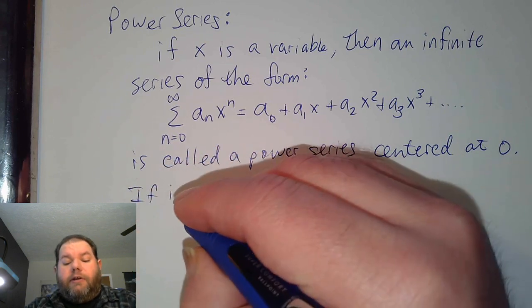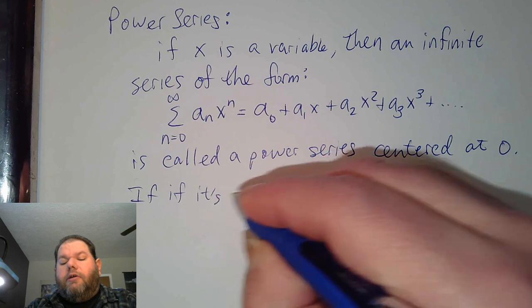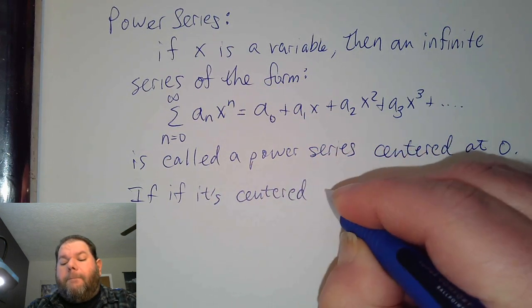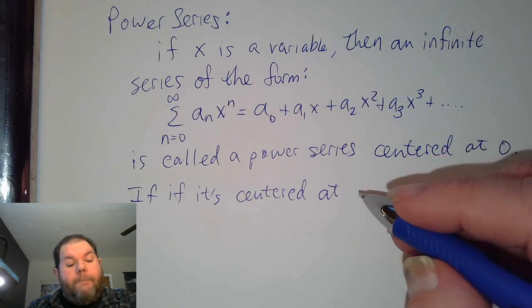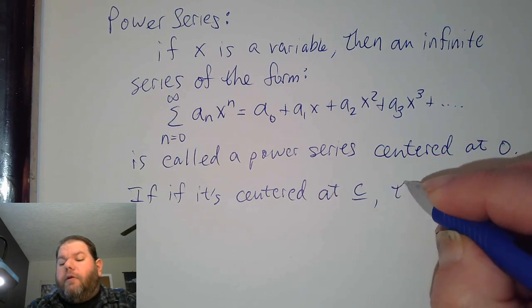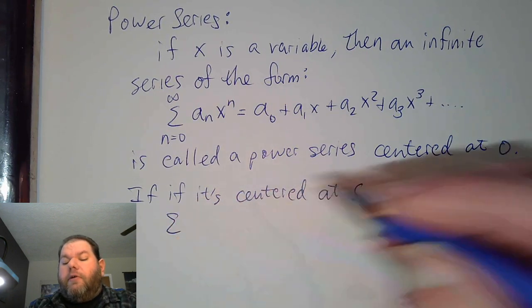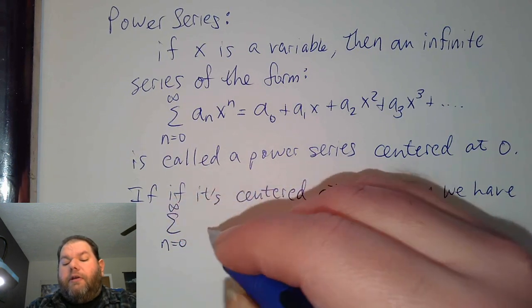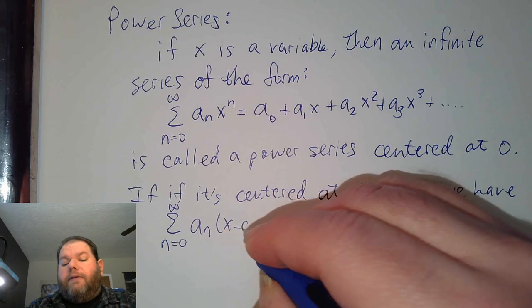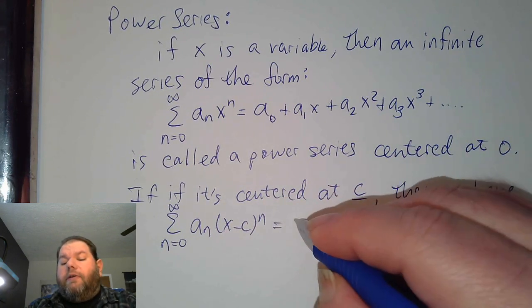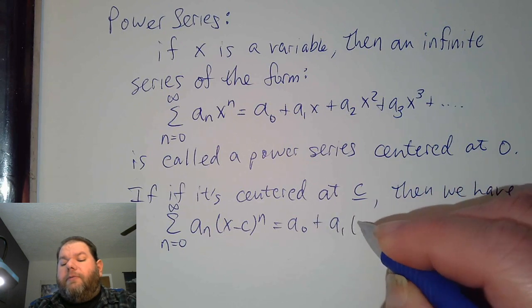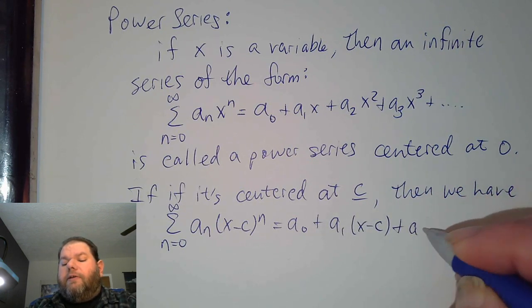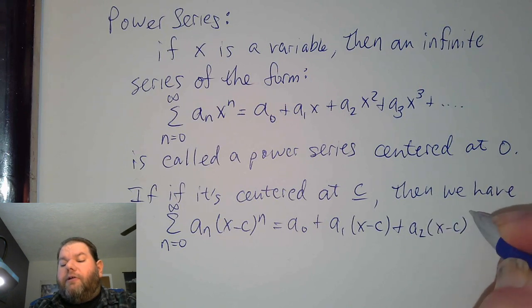If it's centered at c, then we have the sum n equals 0 to infinity of a n times x minus c to the n is equal to a0 plus a1 times x minus c plus a2 times x minus c squared plus a3 times x minus c cubed, and so on from there.